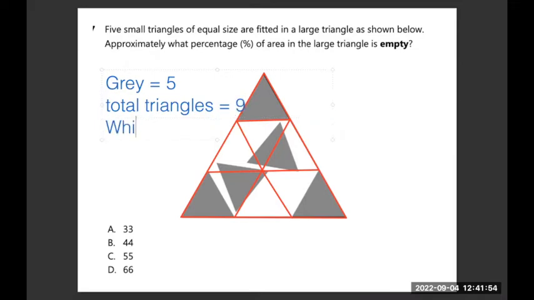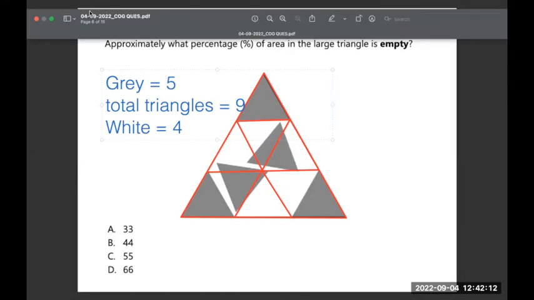तो white color का जो proportion है उसमें कितने triangles fit हो सकते हैं? White color का जो portion है, how many triangles can be fitted in there? 6. 4. Yeah, 4. 4, not 6.